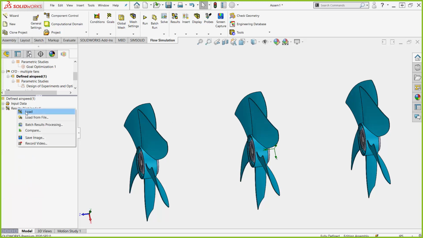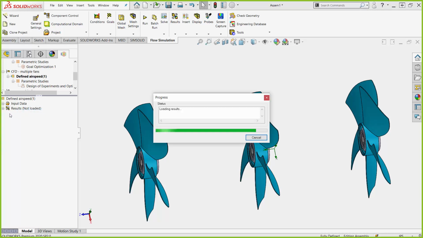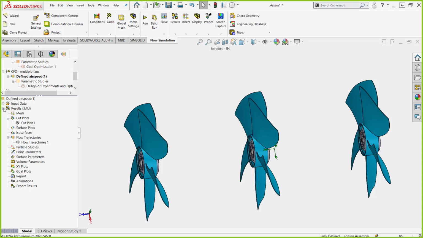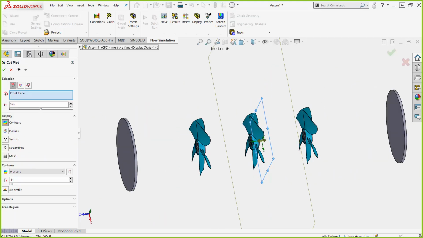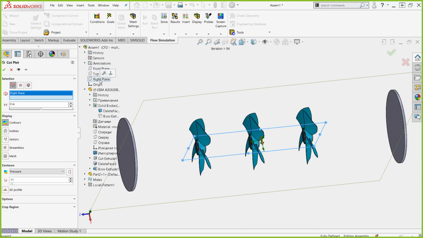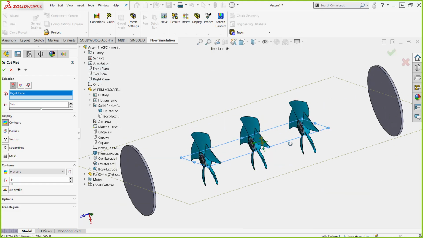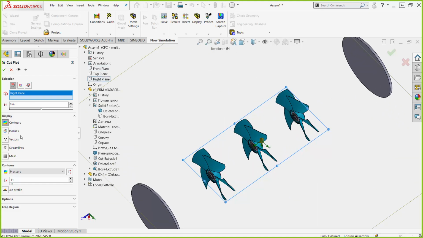Now, I just discussed the local mesh. The way that I like to look at the mesh in order to test it for being small enough, I take advantage of surface plots and cut plots. So I'm going to start with a cut plot on the right plane. Yeah, we'll go with that. I don't show pressure or anything like that. I just look at this filter for mesh.